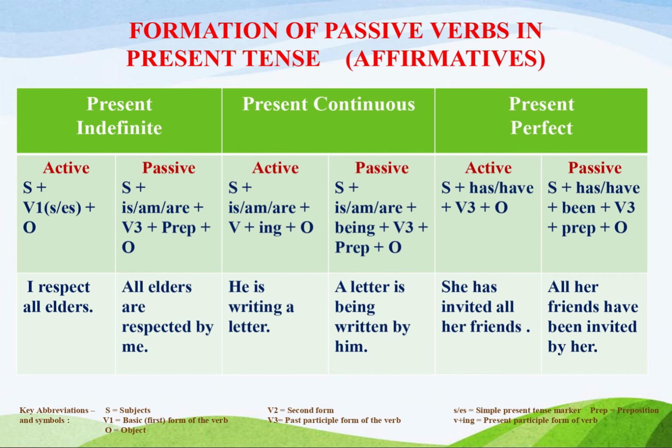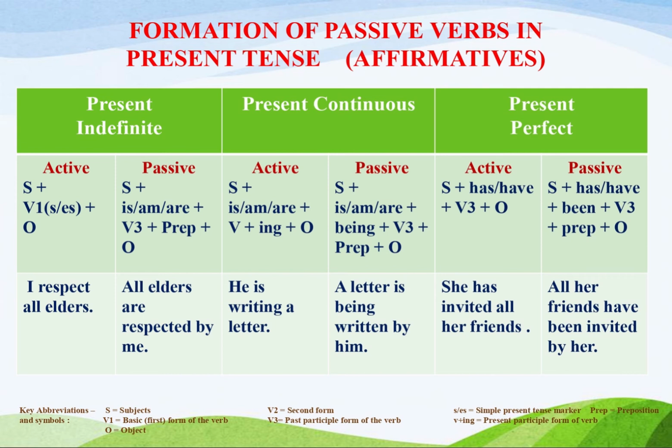Move on to the next tense, present continuous tense. The active form of present continuous tense is subject plus is or am or are plus verb plus ing and plus object.